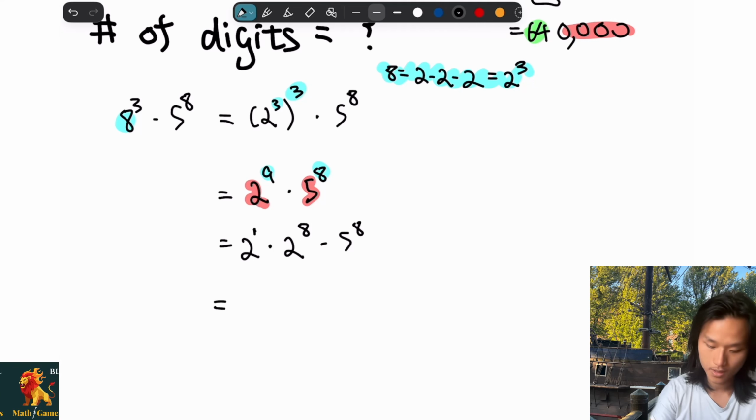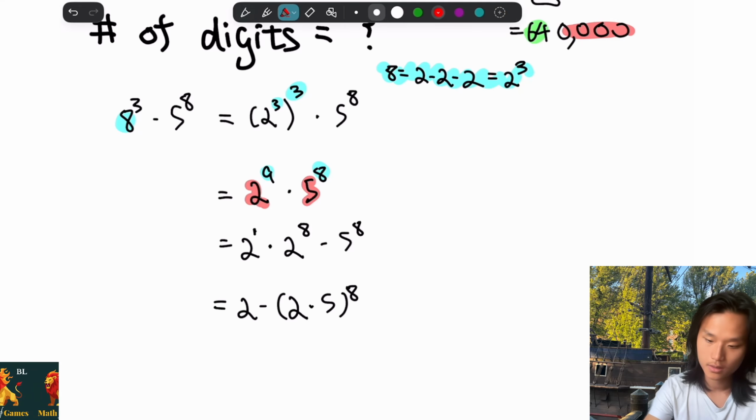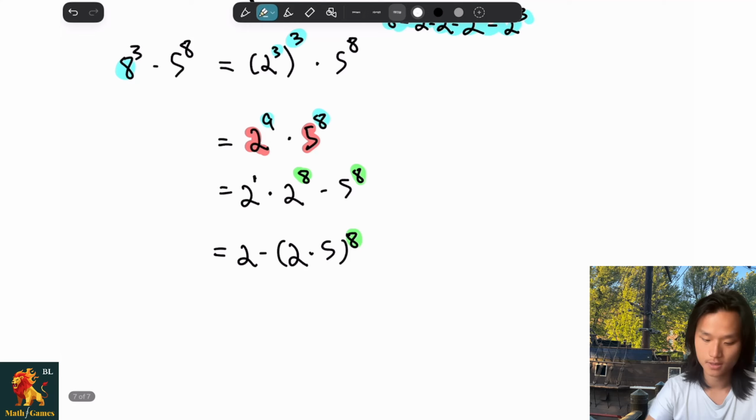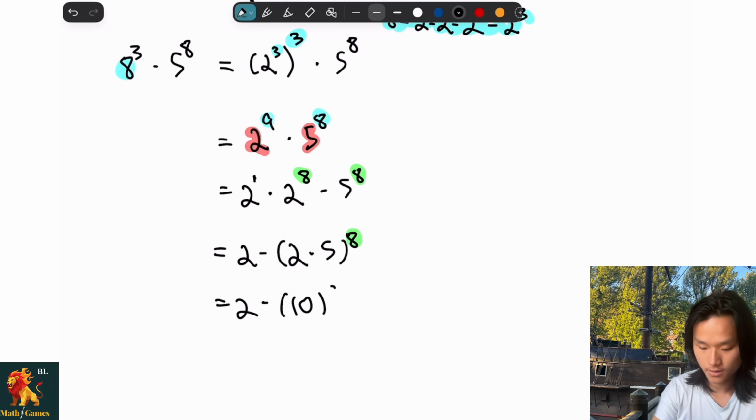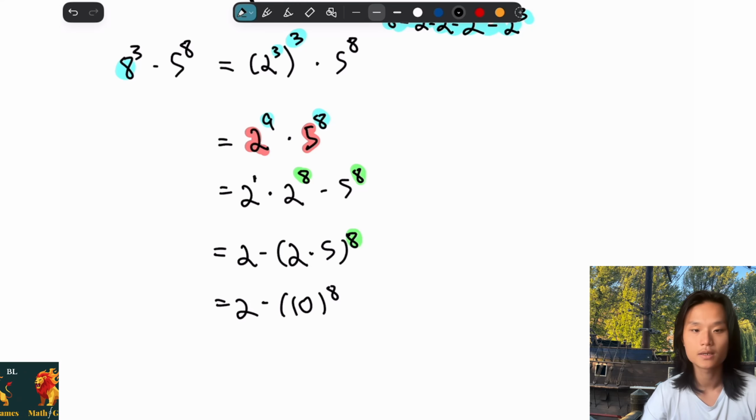Okay, so we have 2 times 5 to the power of 8. The 8 here comes from these two 8s, okay? And then once again, that is just 2, and then multiplied by 10 raised to the power of 8.